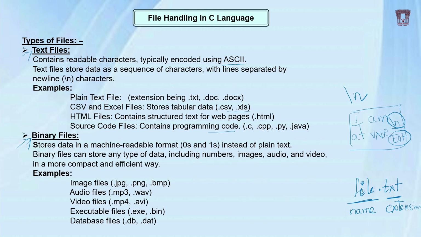All the executable code of your source code files, like the programming codes, once you create an executable version, they are stored using .exe. We see that in our mobiles, the Play Store contains all executable versions only. And also you have .bin files, and all database files you have with .db and .dat.